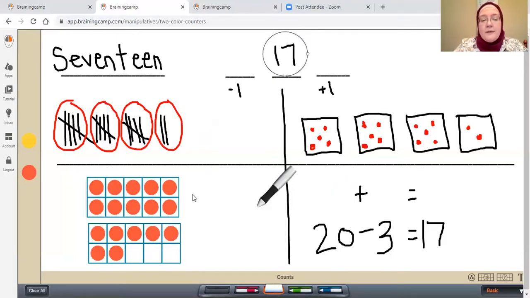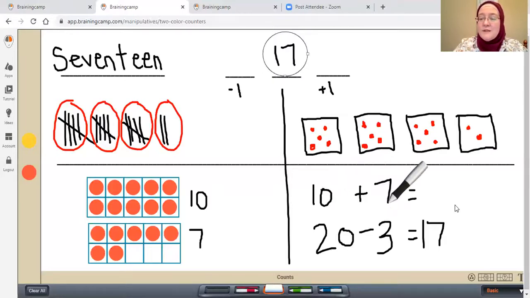So I noticed that my first 10 frame has 10, it's full to capacity, but the next 10 frame, it has 5, 6, 7. I have 7 on this one. So I'm going to say 10 plus another 7 gives me the number I was looking for, 17.